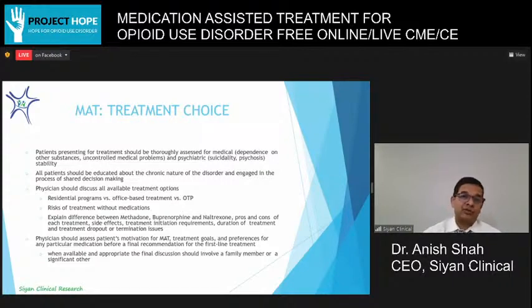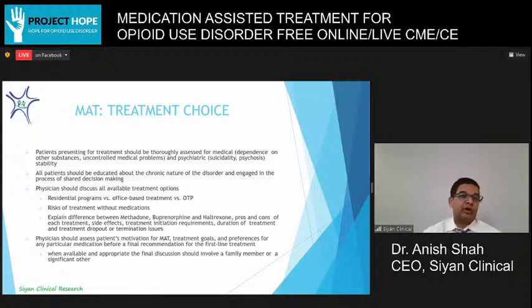One should assess for suicidality, psychosis, whether they have other uncontrolled medical problems, or dependence on other substances. Those also should be looked into. And then one should look at the chronicity and severity of the problem, and also involve patients and the family members in shared decision making.